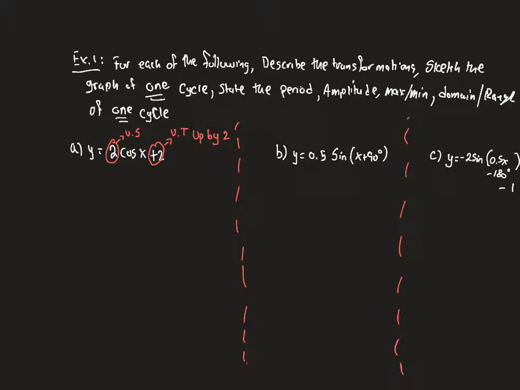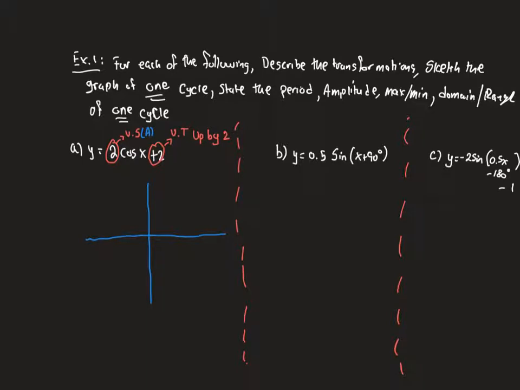So let's do our graph. In our graph here, I know that what's my maximum. First and foremost, this also happens to be my amplitude. Okay. And of course, because I don't see anything here beside my x, I just don't see a k, so I assume the k is 1.